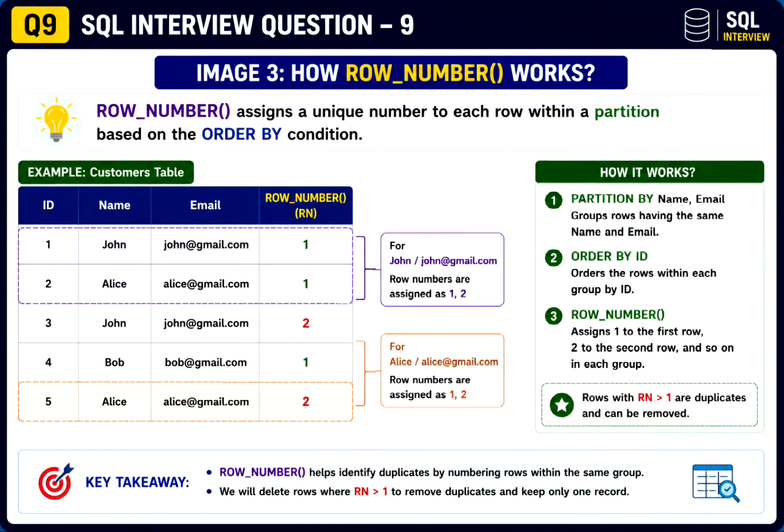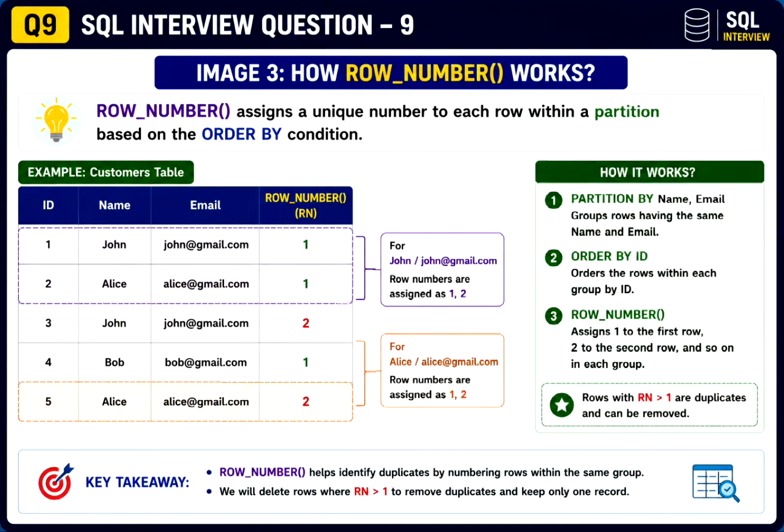Next, we have to understand how SQL identifies duplicates. ROW_NUMBER assigns a sequence number within each group. John's records get row number 1 and then row number 2, and we are filtering for row number 1 only.